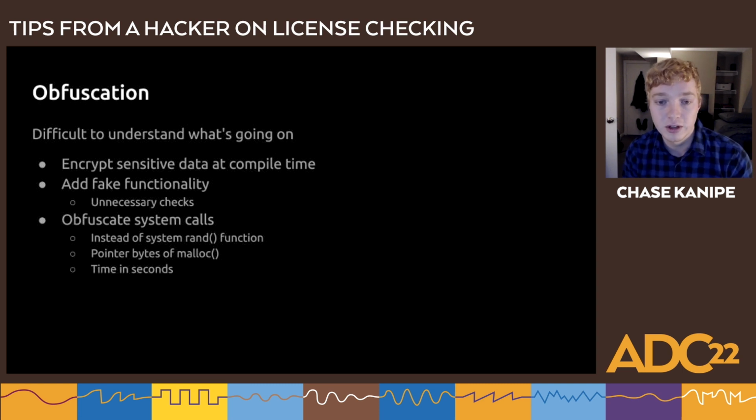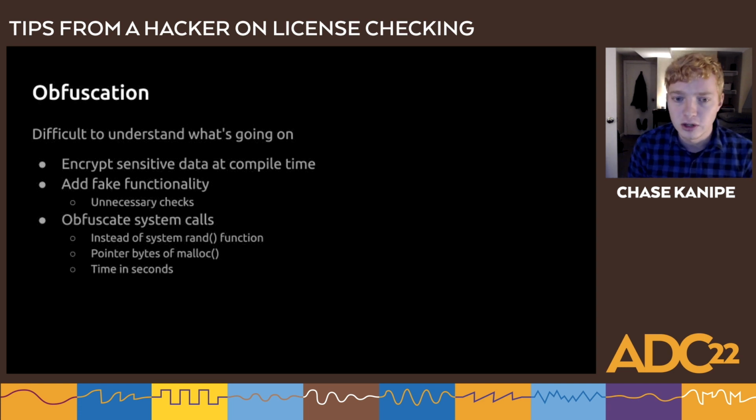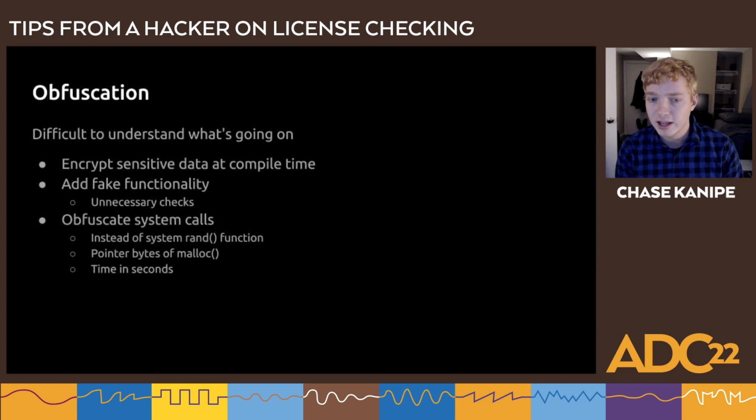And you can also obfuscate system calls that reveal important parts of the functionality. For example, if you had a random function that determined whether or not you were going to nondeterministically evaluate the validity of the license or a hash, instead of the rand function, which might give away what's happening, you could use the return bytes of a malloc or the time in seconds or something like that.